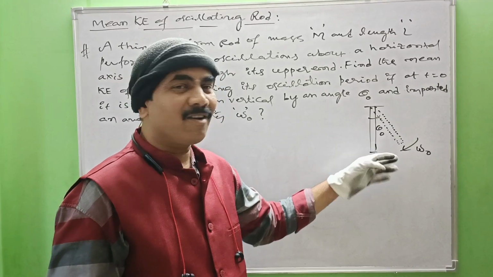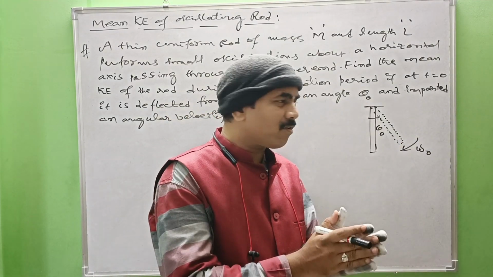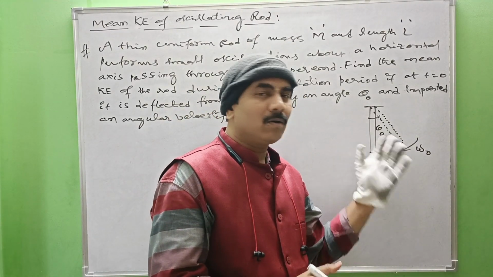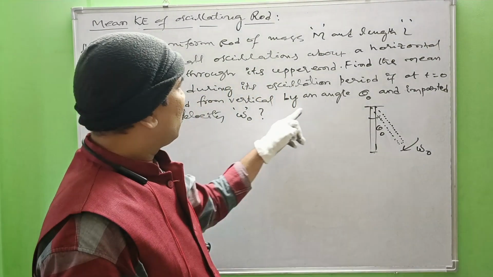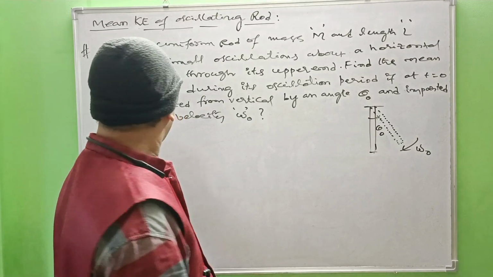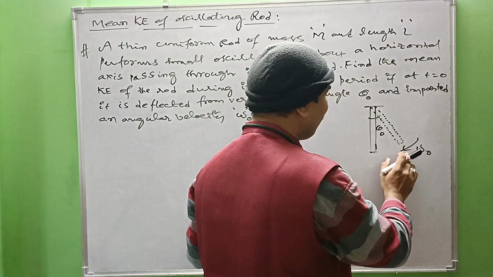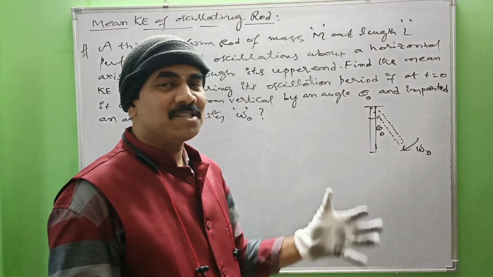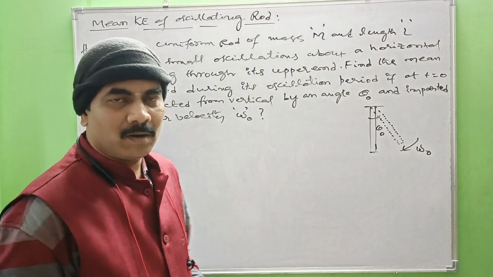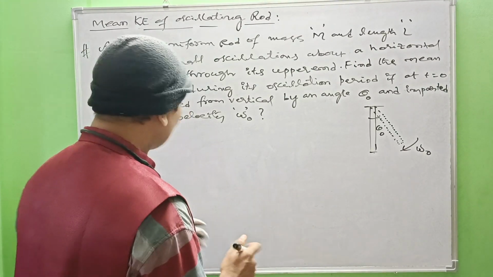Theta naught is the angular position at some instant t equal to 0, but it is not equal to the angular amplitude. It is deflected by an angle theta naught and imparted an angular velocity omega naught. It is going to oscillate with angular velocity omega naught, but theta naught is the instantaneous angular position, not equal to the angular amplitude. So that's what we need to know.